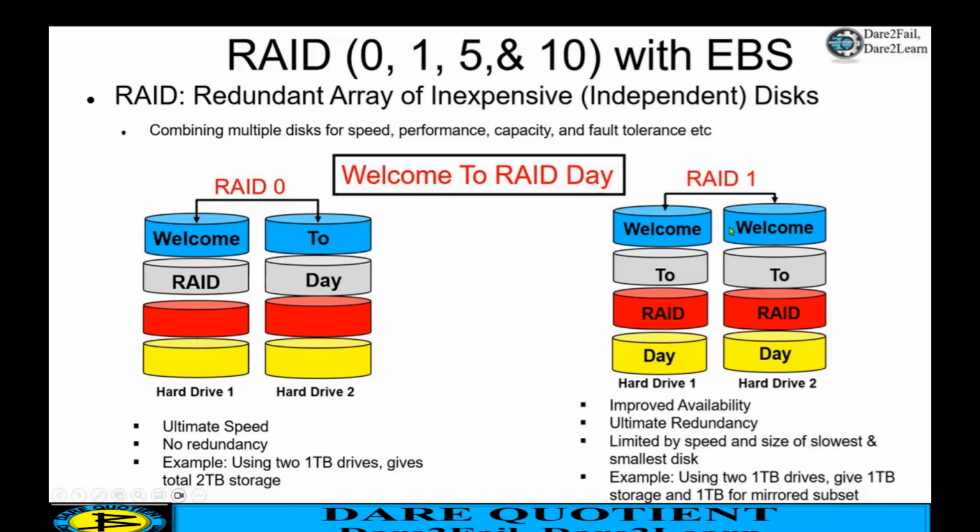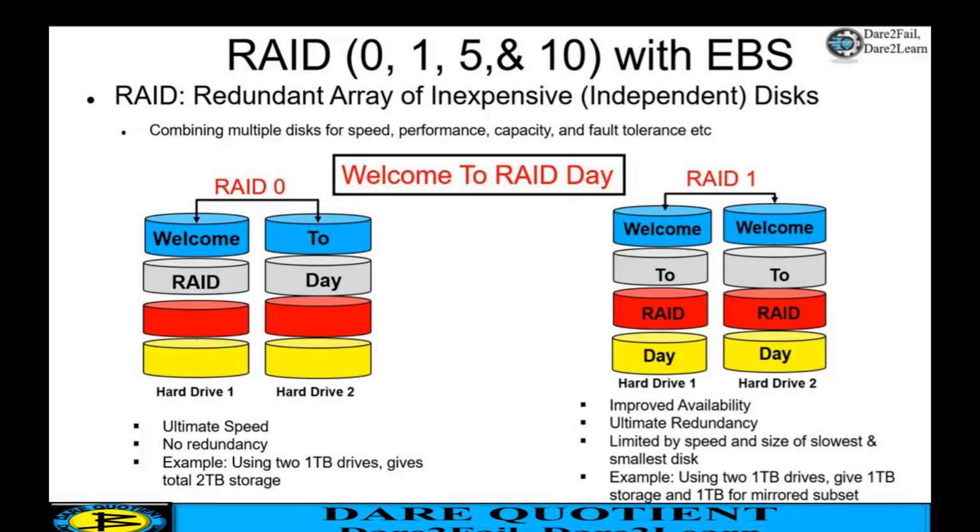So with this RAID 1, you have redundancy. So you have improved availability. If one hard drive fails, you can use the other hard drive to recover the failed hard drive. But the downside to this RAID configuration is it might slow your performance.